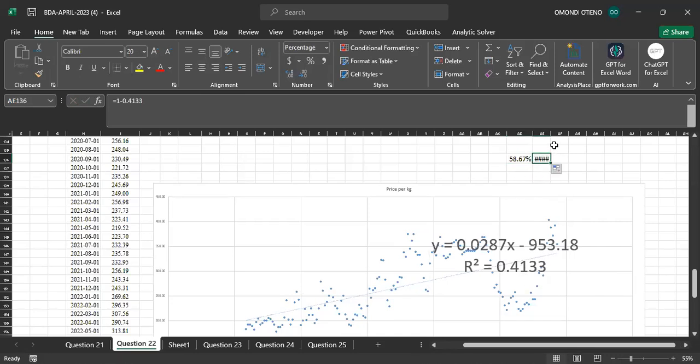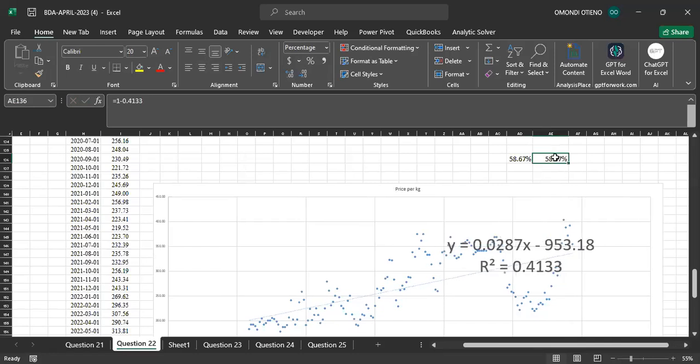Then we have equal to 1 minus this for us to get the percentage. So we have 41.33% changes in the selling price explained by the dates, when 58.67% changes in the selling price are explained or affected by other factors which are not under consideration.